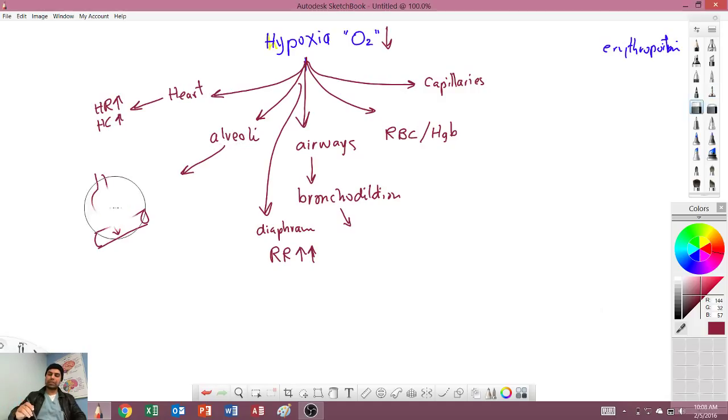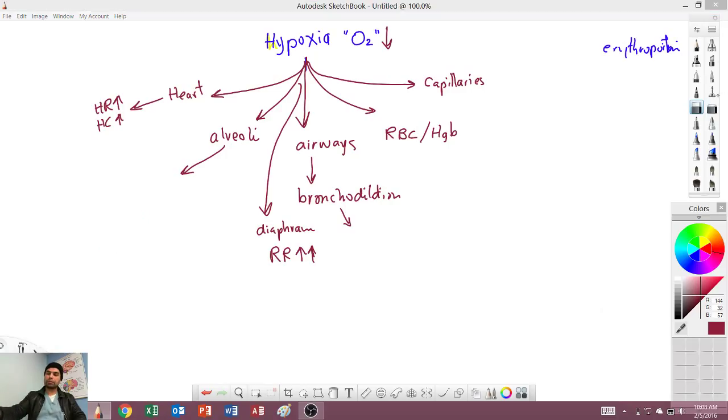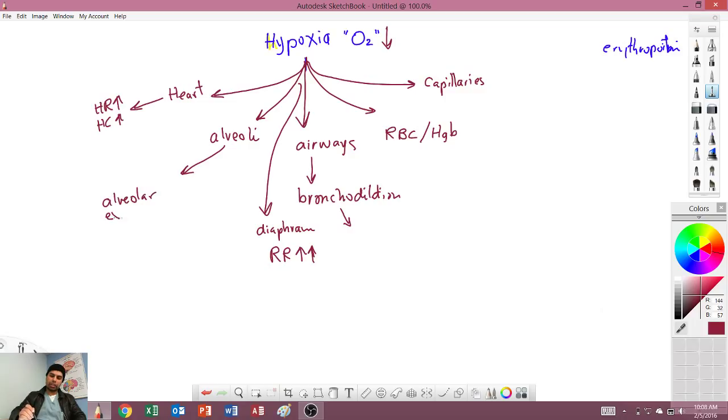Number one, alveoli will dilate more. They will open up more. When they open up, blood flow to them should increase and exchange should increase. So alveolar exchange should increase. That's another mechanism. Alveolar exchange would increase. And you don't have to guess that.